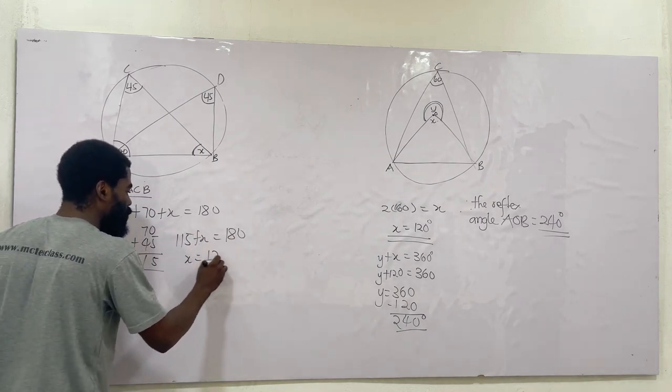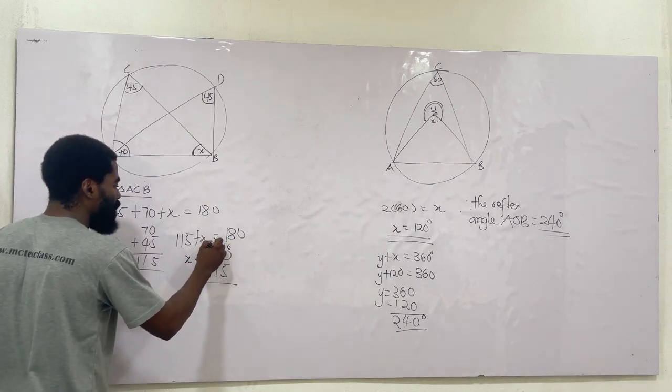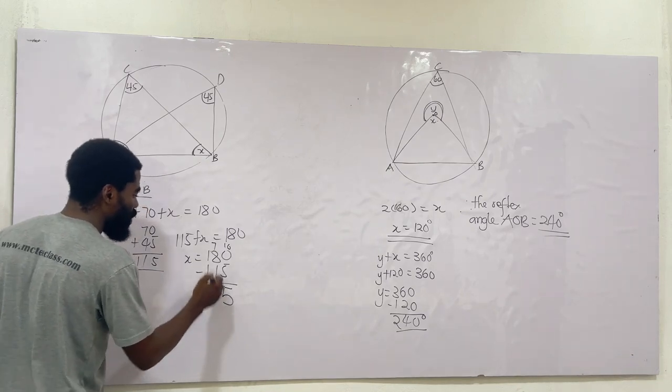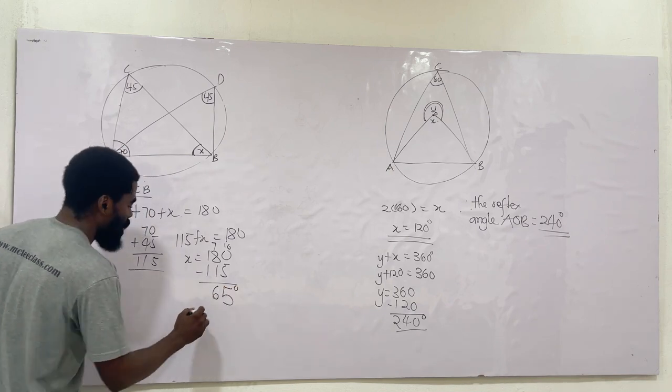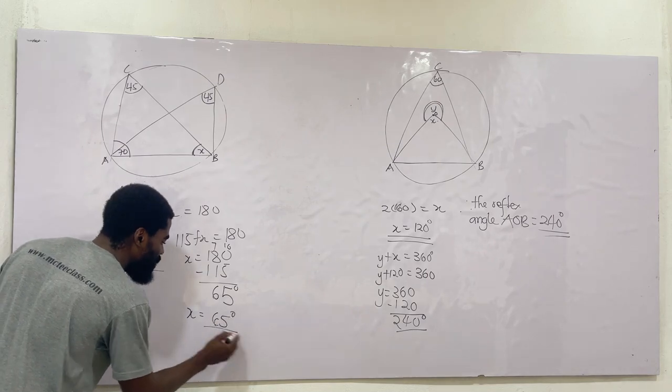So X should be equal to 180 minus 115. I borrow 1, I get 10 here, I'm left with 7 here. 5 from that gives me 5. 1 from that gives me 6. Therefore, my X equals 65 degrees.